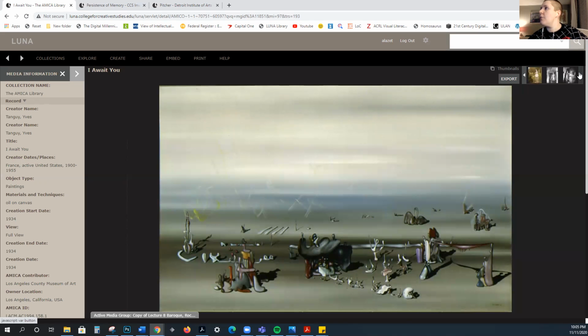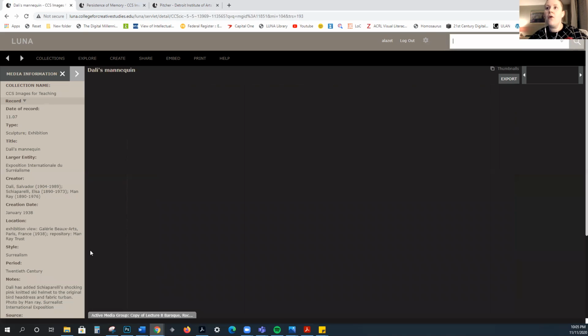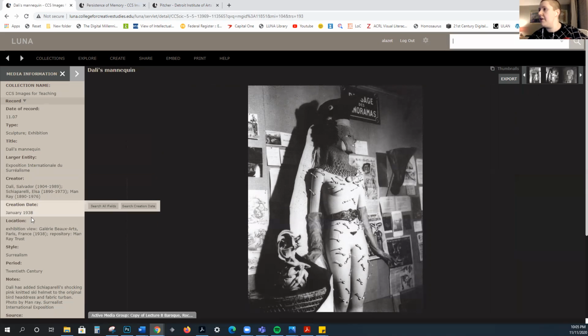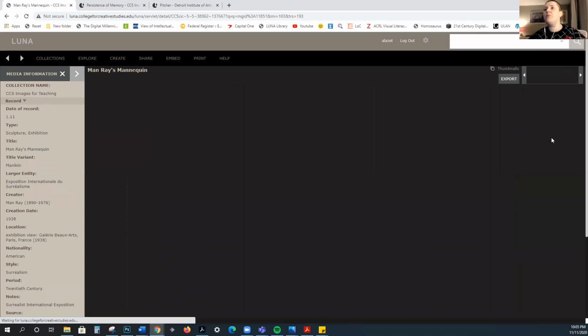So the last thing that I want to mention is, and if this interests you, I would highly recommend that you check out the exhibit in 1933, I believe, the Exposition Internationale du Surrealisme. 1938, January. And these artists created, they dressed up mannequins and they presented it.